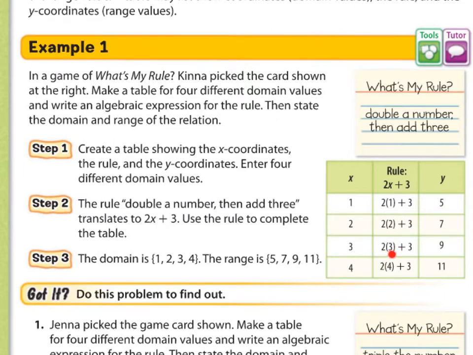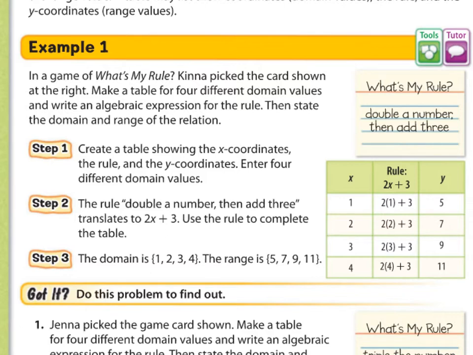When x is 3, replace the variable: 3 times 2 plus 3. And again, when x is 4, replace the variable with 4. It becomes 4 times 2 plus 3. And there you have your different outputs. You can see over here, it's always going up by 2, right? When it goes up by 1 in your input, it goes up by 2 in your output.